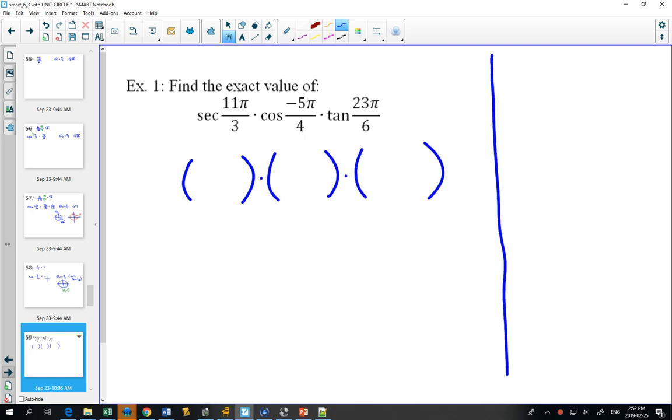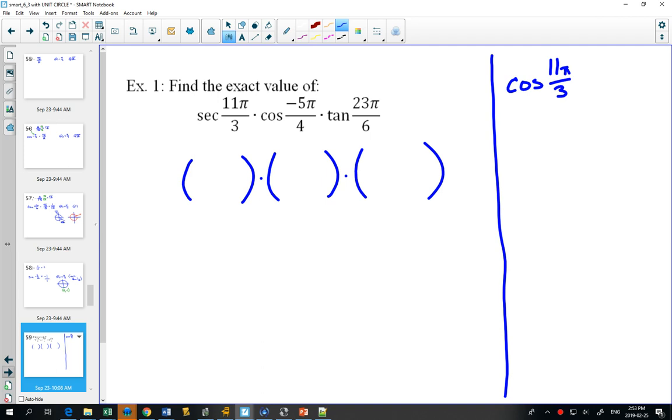And I'm going to draw a line off to the side here for some rough work. Secant of 11 pi over 3, since it's a reciprocal, we would first want to figure out cos of 11 pi over 3.